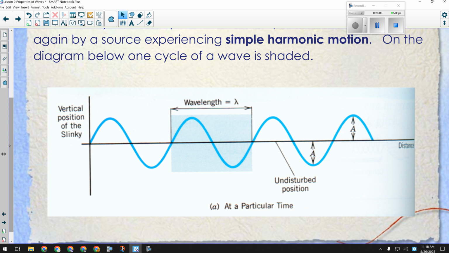Once a wave is produced, its frequency will remain the same. There is nothing you can do that will change the frequency of a wave after it's produced. I could make different waves with a different source and have them have a different frequency, but those are new waves. Once a wave is produced, its frequency will remain the same, cannot be changed.